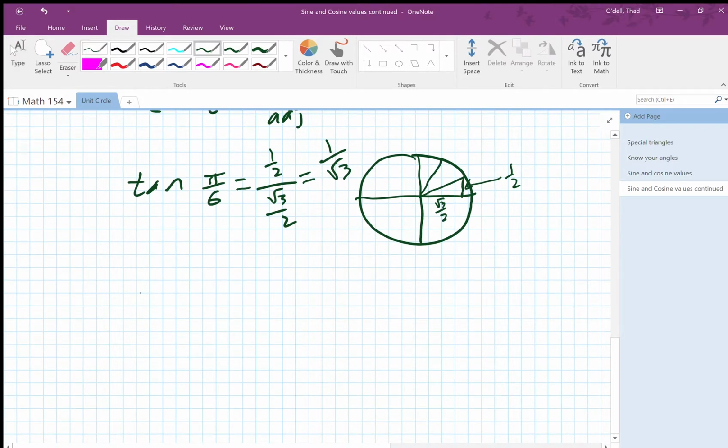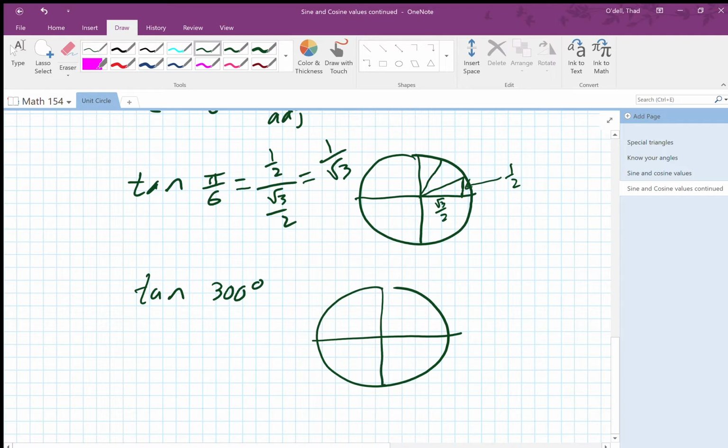Let's do another example of tangent. So if I'm looking for tangent of 300 degrees, let's say, I draw my unit circle. And I know that this is 270, so 300 would just be 30 past that. So when I drop my line to the x-axis, notice I get a reference angle of 60 degrees.